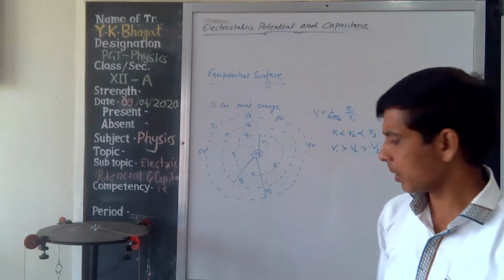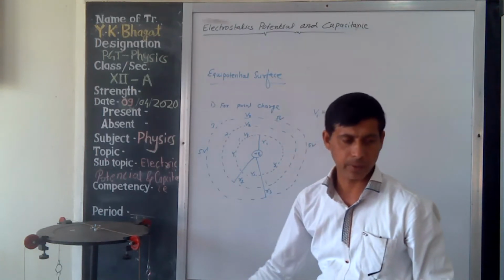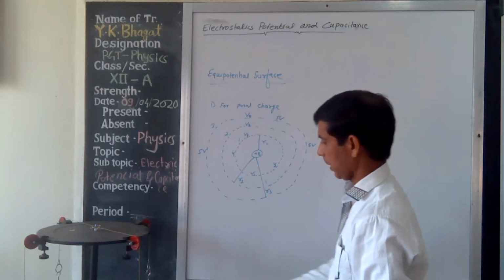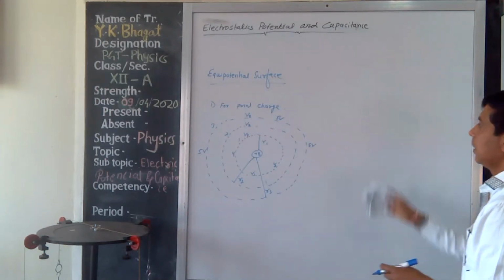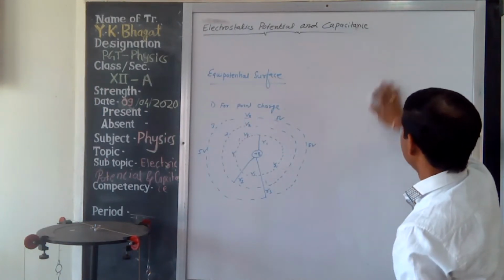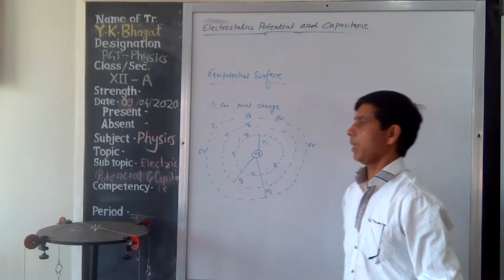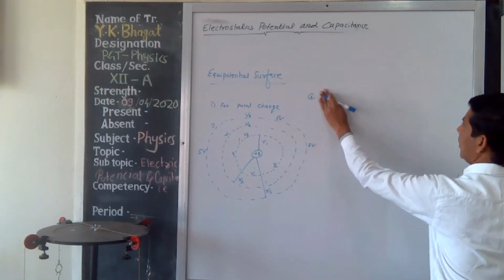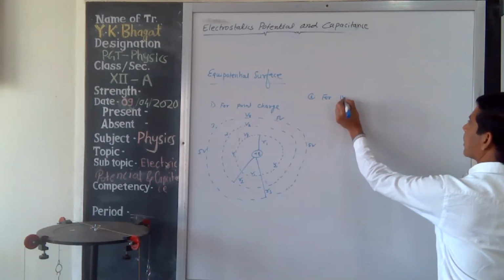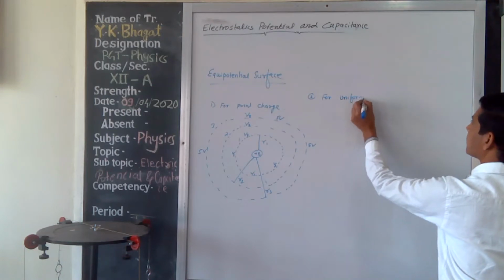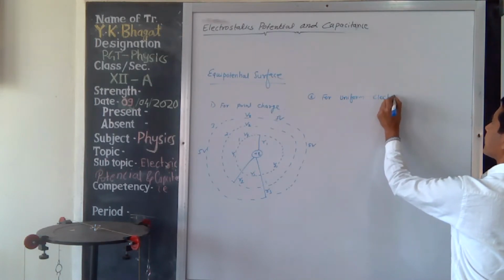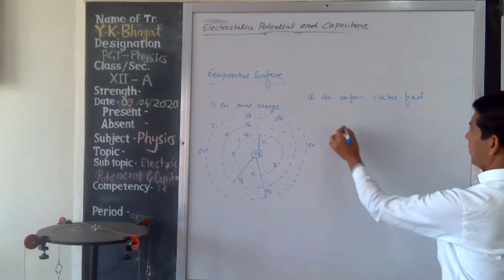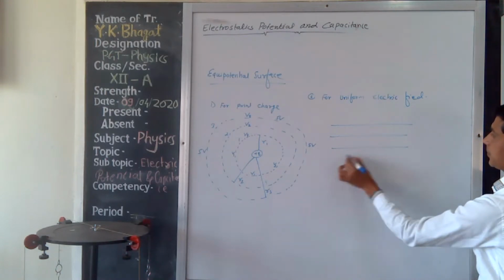Now for uniform electric field. Suppose we have a uniform electric field, and you know very well the pattern of electric lines of force for a uniform electric field. Uniform electric field is represented by this pattern.